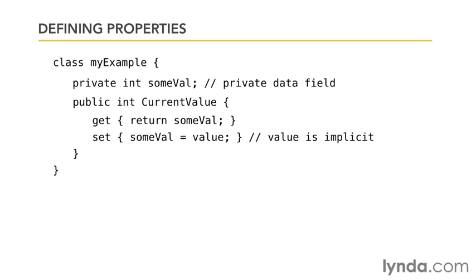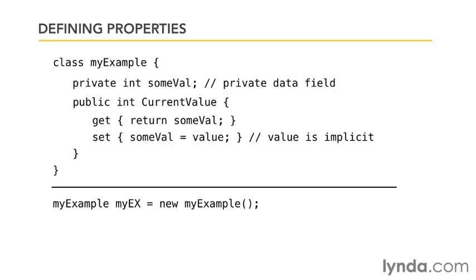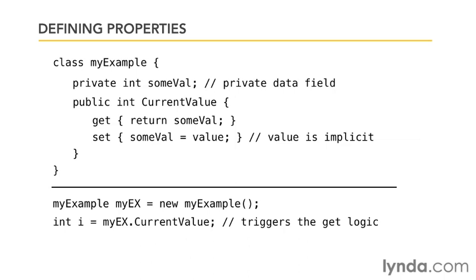Let's see how this actually works when you consume this. So to do this, I would define my X variable, which is an instance of the myExample class, and I'm creating a new myExample object there. If I wanted to get the value, I would just do this. I have an integer I, and I say myEx.CurrentValue. That will trigger the get logic. And in this case, the get logic is pretty simple.